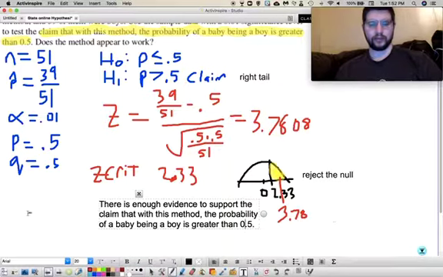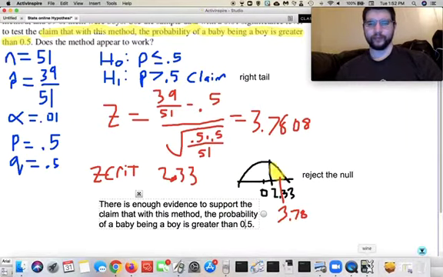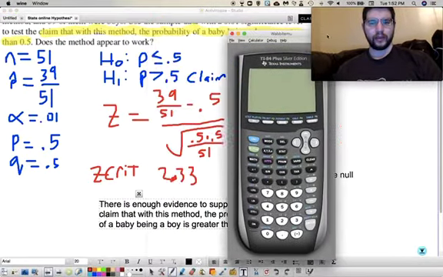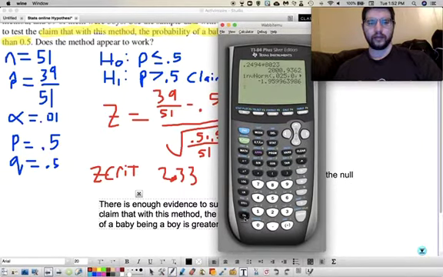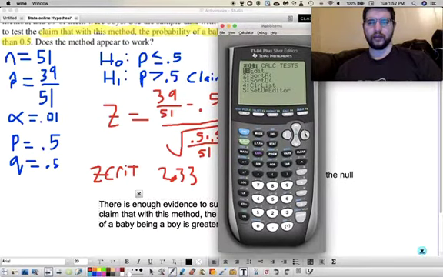Done. Next, actually, TI. It's again 1-PropZTest, number 5. P was 0.5, X was 39, N is 51.